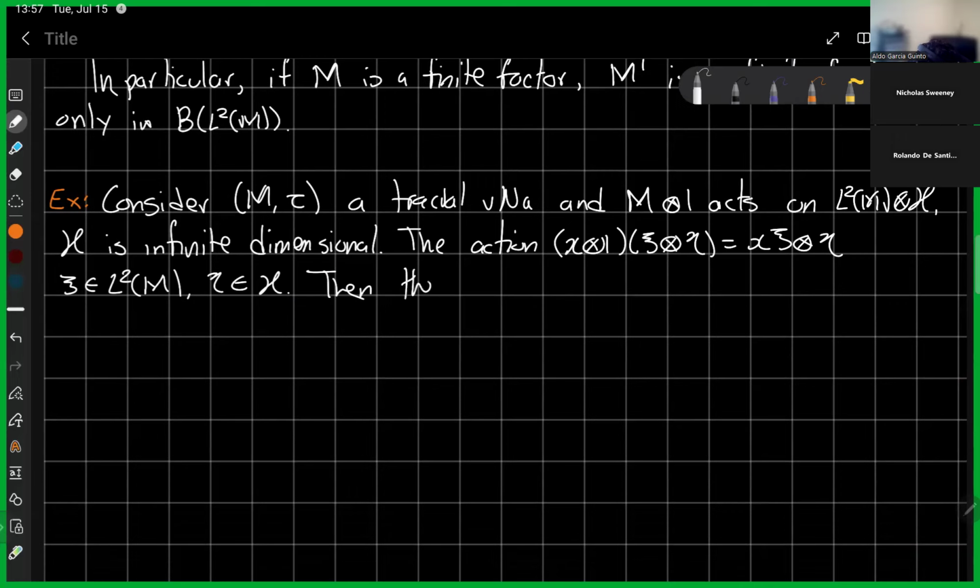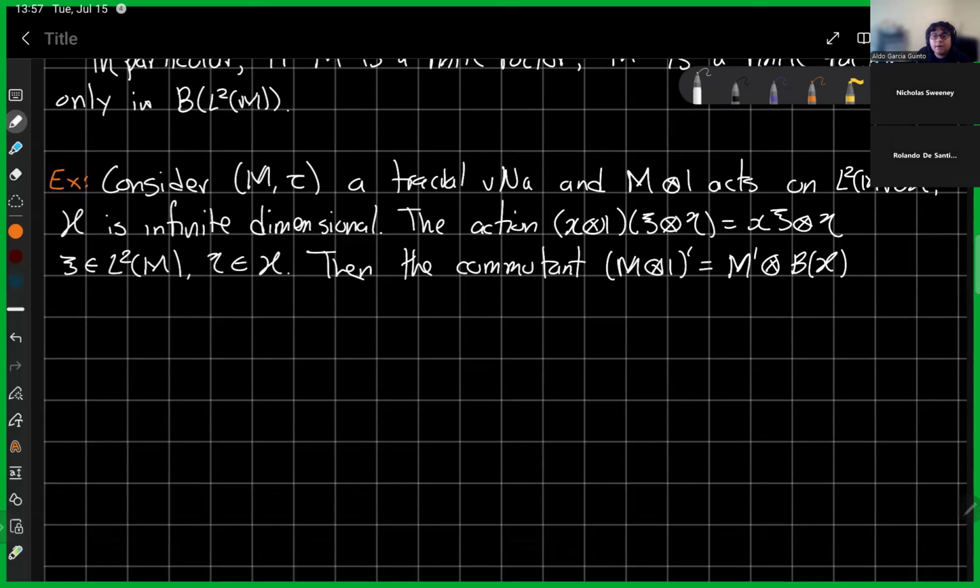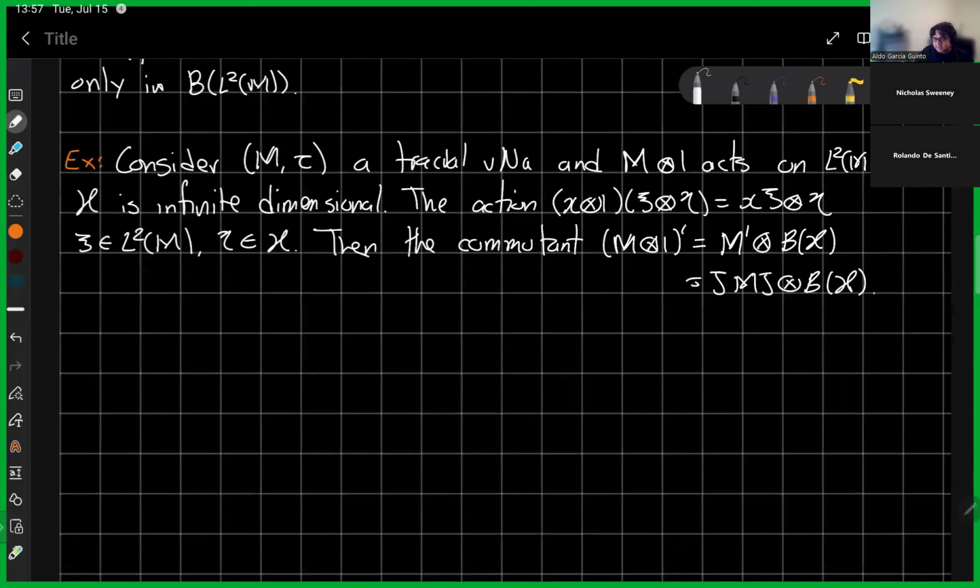Then the commutant of M tensor 1 is equal to M prime tensor B of H, or also J M J tensor B of H. I think this is an exercise actually in the notes, if I remember correctly.